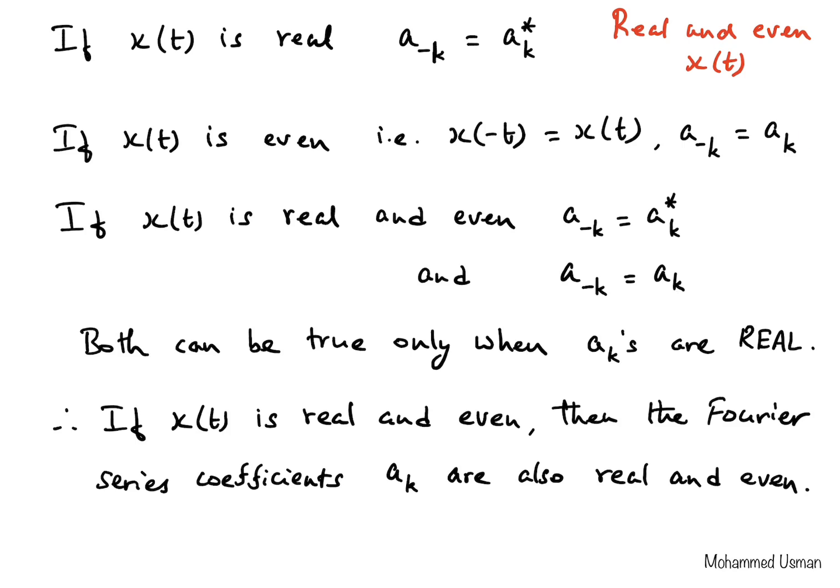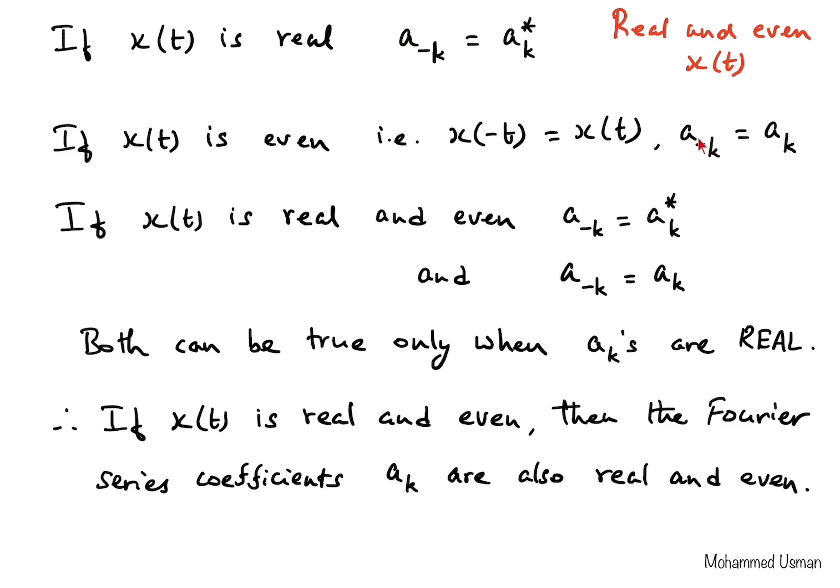So if ak and ak star are equal, that means the Fourier series coefficient ak and its complex conjugate are equal. That means ak is real valued. So if the signal x of t is real and even, then the Fourier series coefficients ak are also real, and they are of course even by this property, because a minus k is ak.